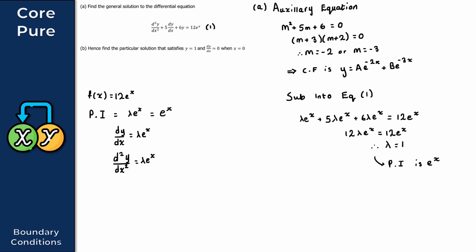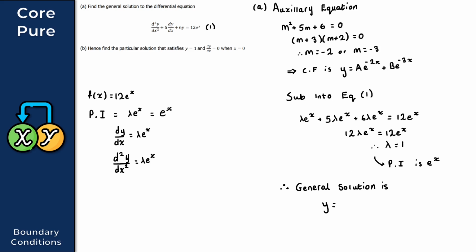So what we can do now is note the general solution. Therefore, the general solution is given as follows. Don't forget that the general solution is the complementary function plus the particular integral.